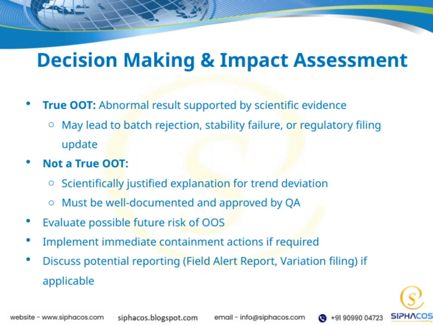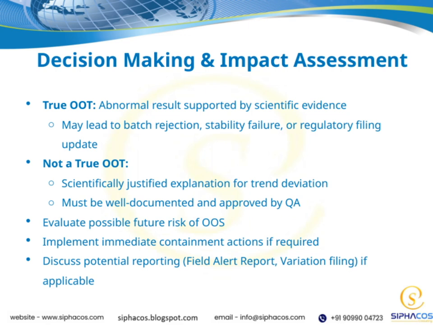In such cases, we also need to evaluate the potential future risks associated with the out-of-trend result. If there's any indication that the issue could impact product quality or regulatory compliance down the line, immediate containment actions should be implemented to mitigate those risks.